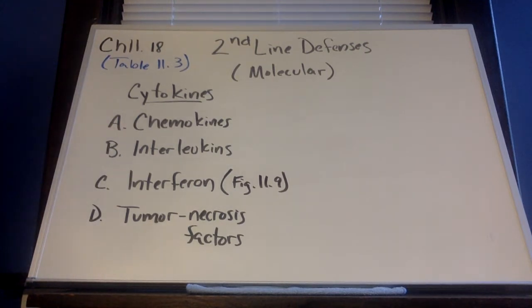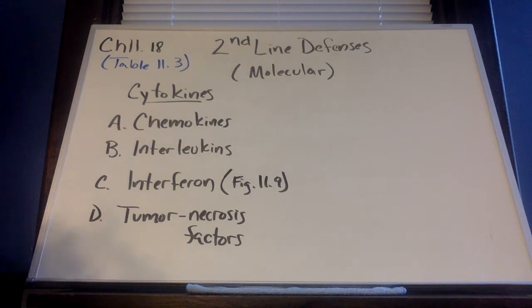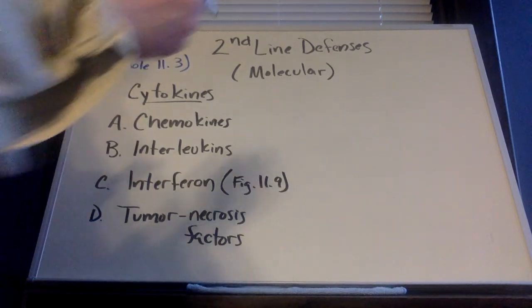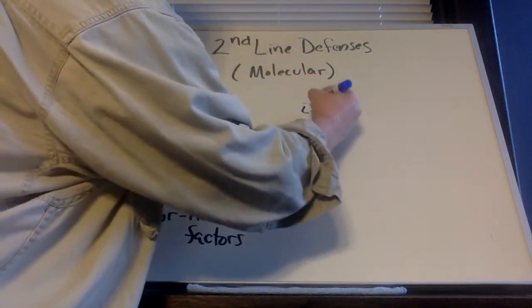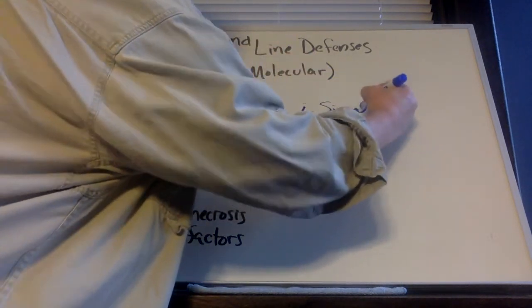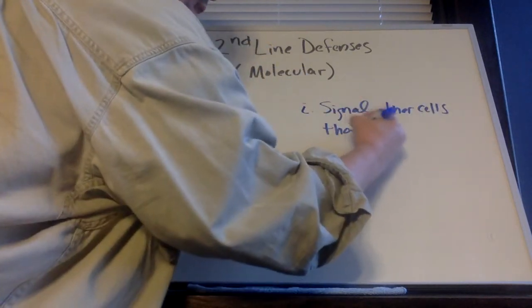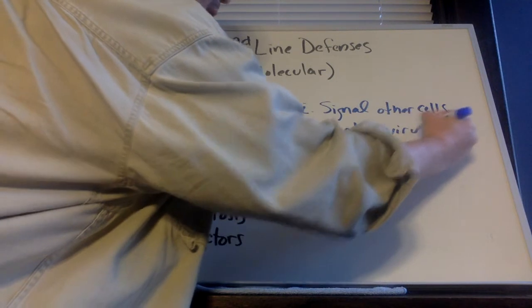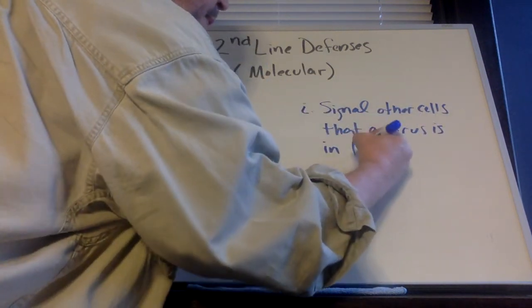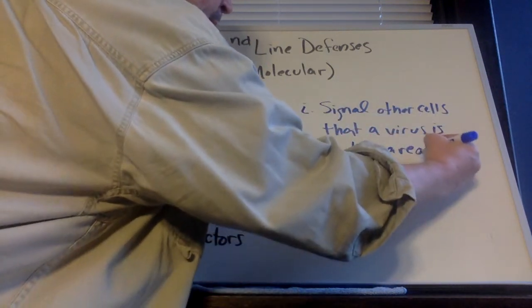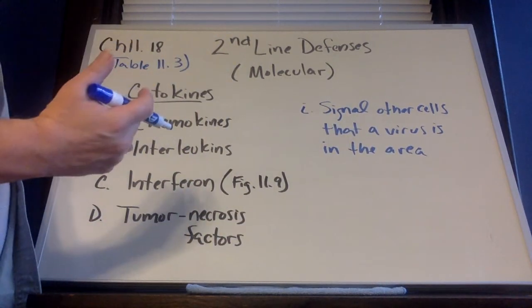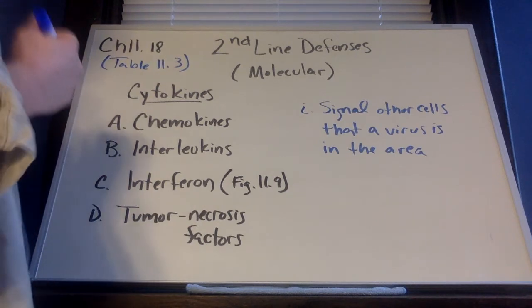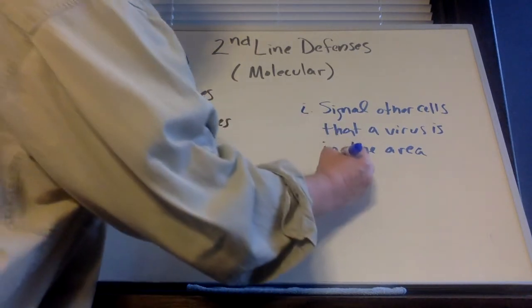All right, there are three major roles that we can see for interferons. One of the things that they can do is signal other cells that a virus is in the area. Once that other cell gets the signal, it can then take precautions so that if it gets invaded, it can begin to defend itself.